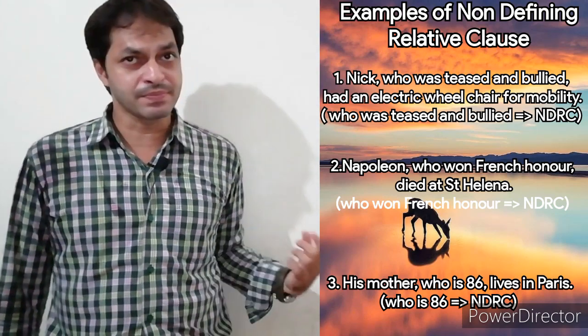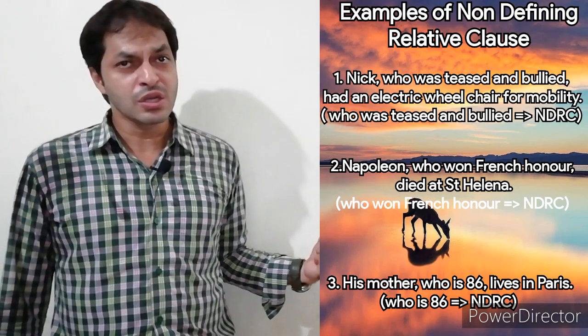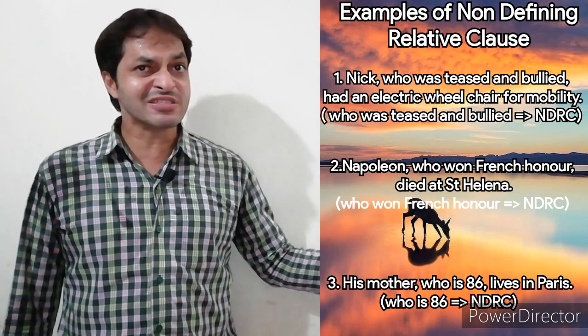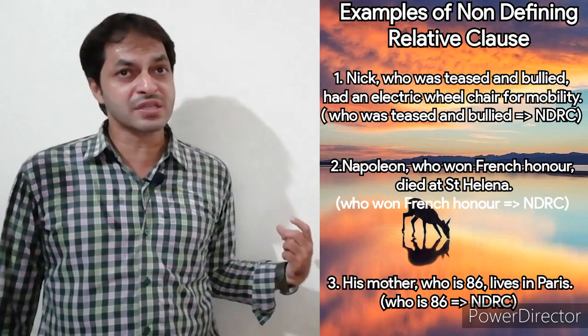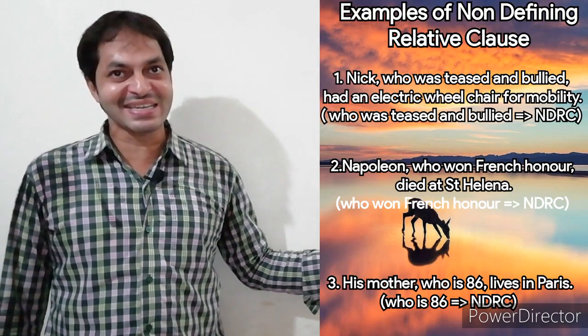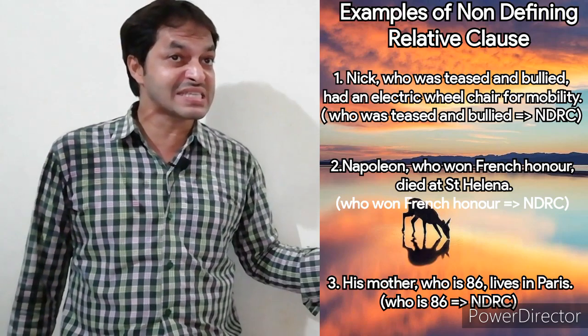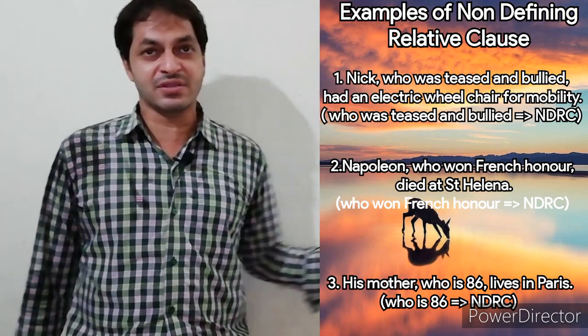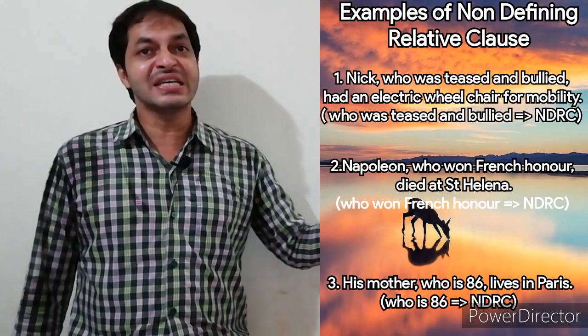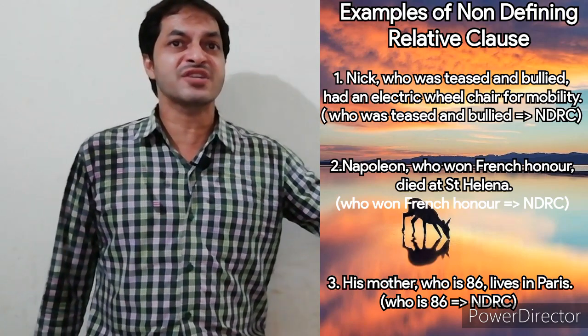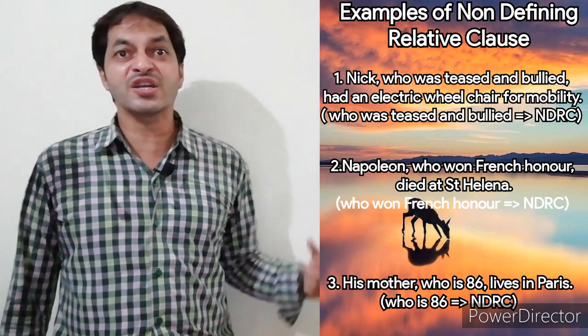Third example. His mother, who is 86, lives in Paris. Who is 86 is non-defining relative clause. Strike out and read out the sentence.